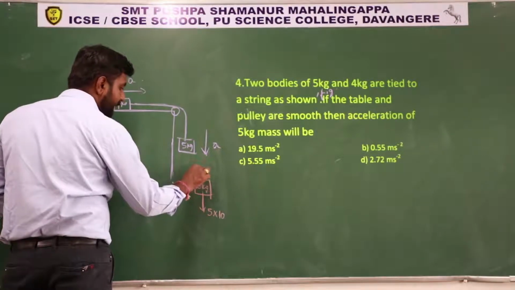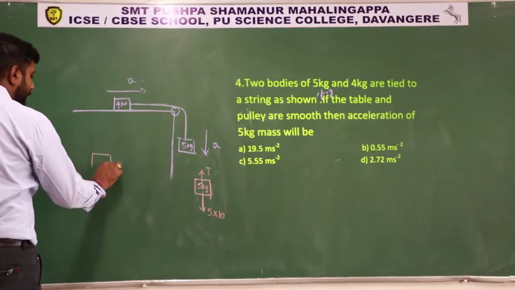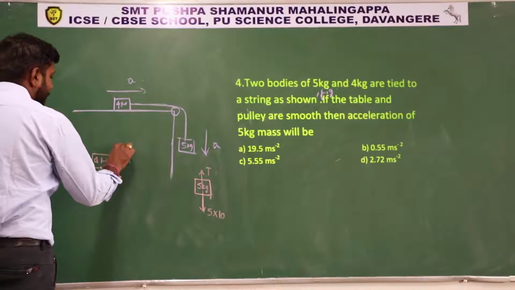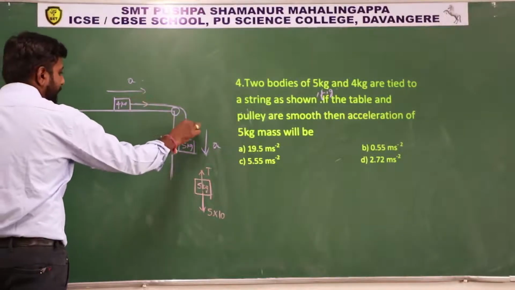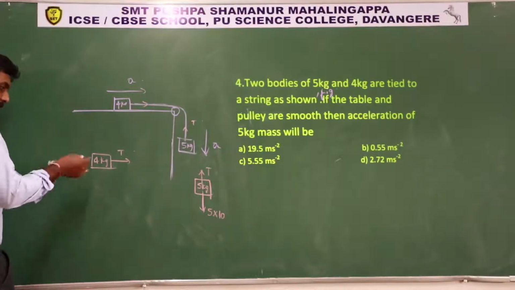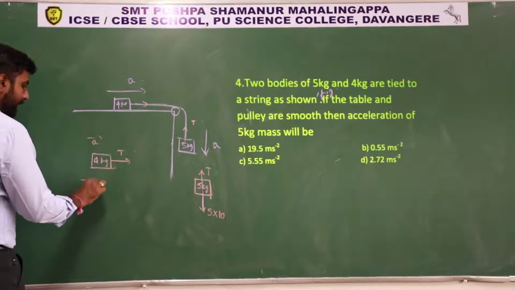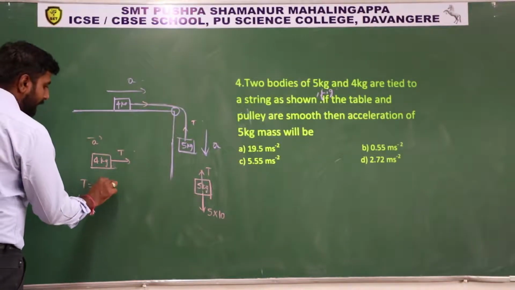In the upwards direction, tension force is acting, isn't it? And observe the 4 kg block, here tension force is acting in this direction. So tension is developed in the string and it is also moving with some acceleration. That means here we can say T equals 4a.